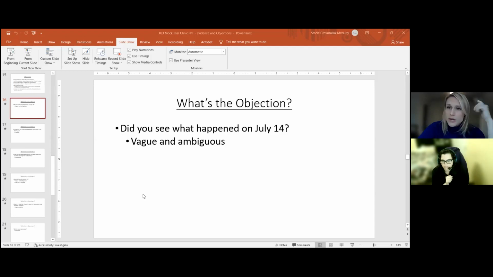And typically when you object, judges might handle it differently. Sometimes they'll just say, objection, relevance, and then the judge will ask you to respond to their side. So definitely pay attention to the judge and whether they want you to give your argument immediately.